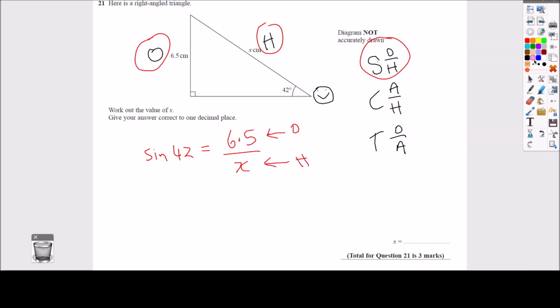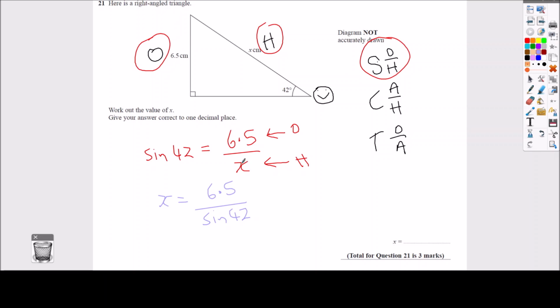Now, we need 2 steps of algebra here to make x the subject. This is one of the trickier ones, when x is not on top, it's on the bottom. So first of all, multiply both sides by x. So you're then going to have x sin 42, and then divide by sin 42. So x is actually going to equal 6.5 divided by sin 42. So just go through that algebra again.